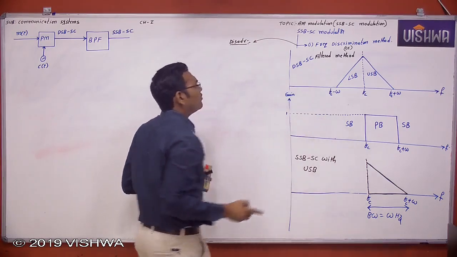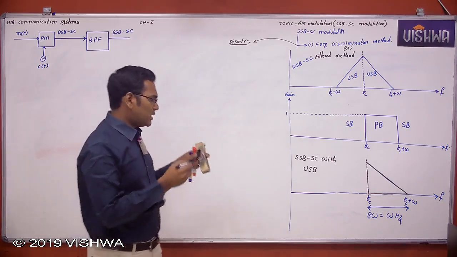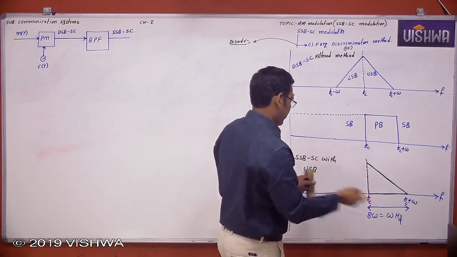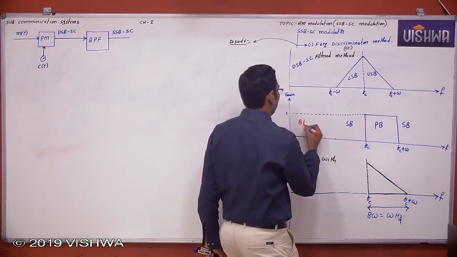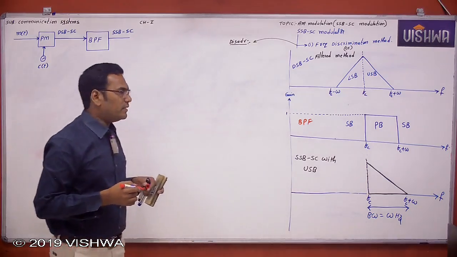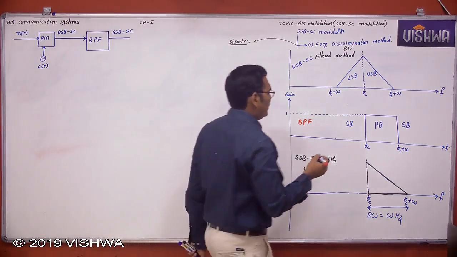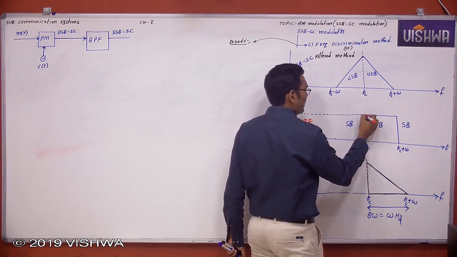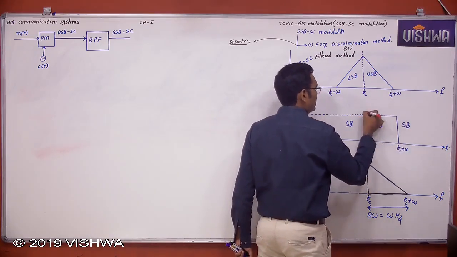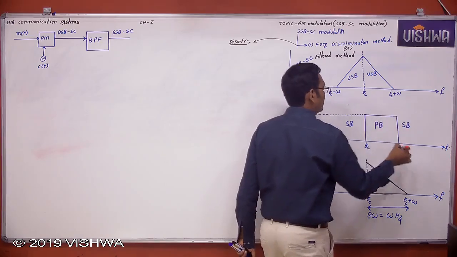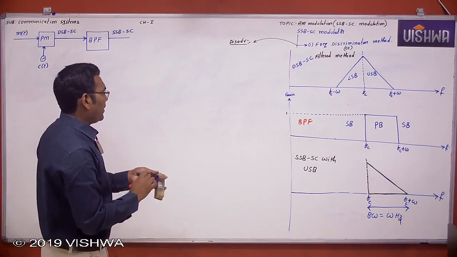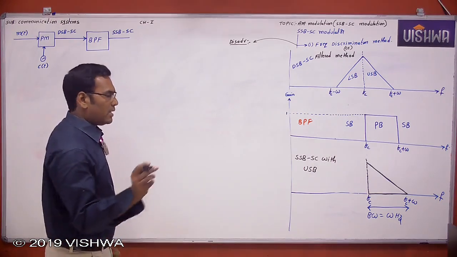For separating one sideband from the two sidebands, we use a band pass filter. The band pass filter characteristics need sharp cutoff frequencies, but such a filter is not available practically, because practical filters have transition bands.